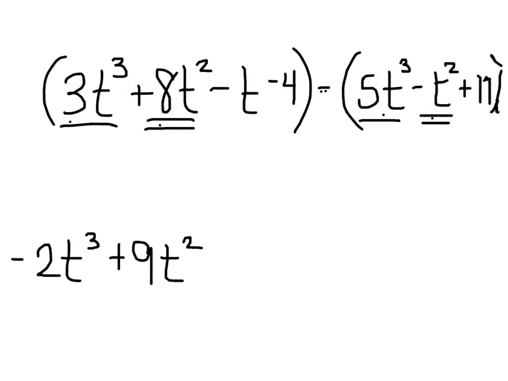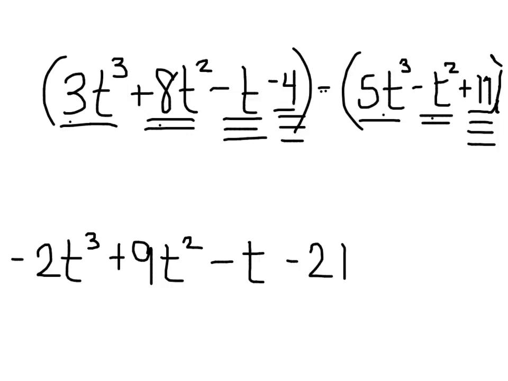Two negatives make it a positive. Then I have a negative t. Is there another just t? No. When you have no friends, you just get written down. Then negative 4 minus 17: negative 21, because you are subtracting 17 from it.